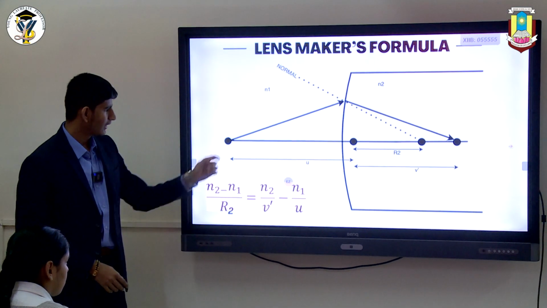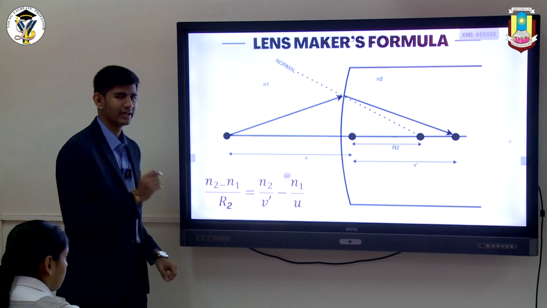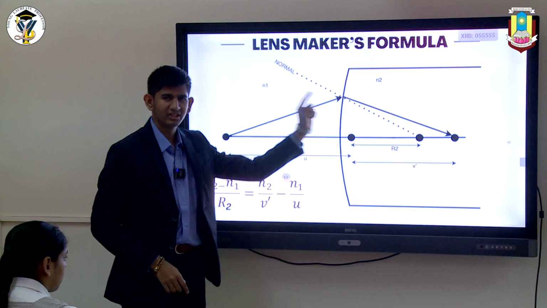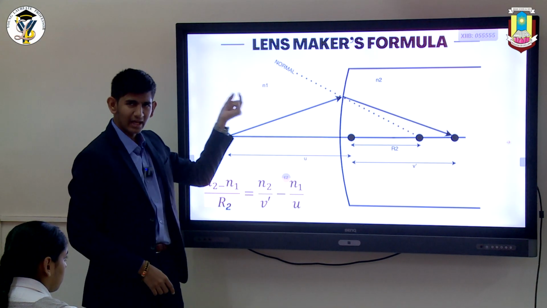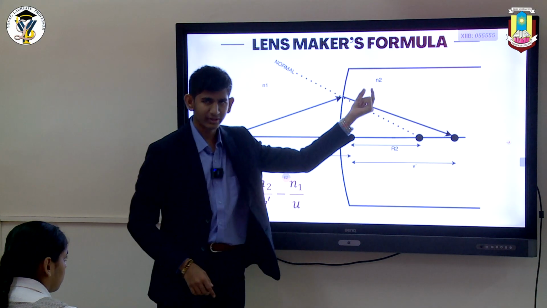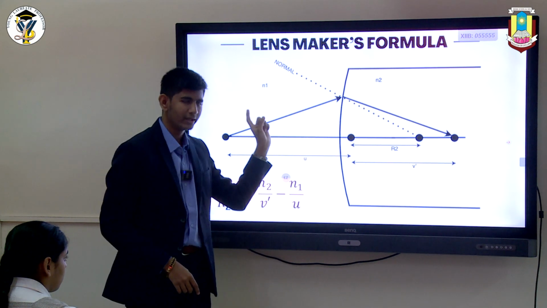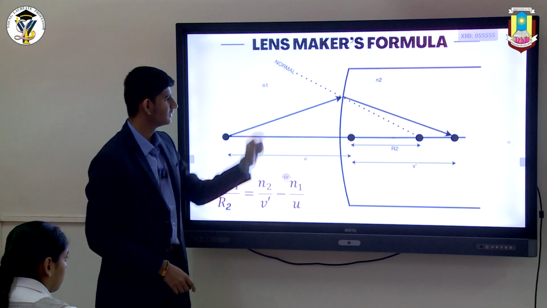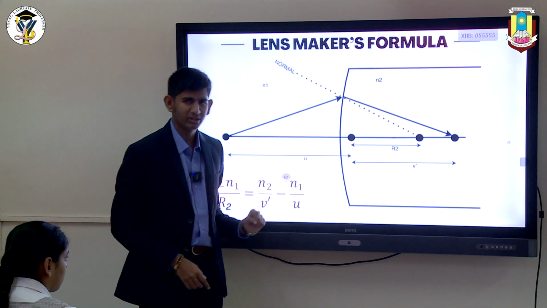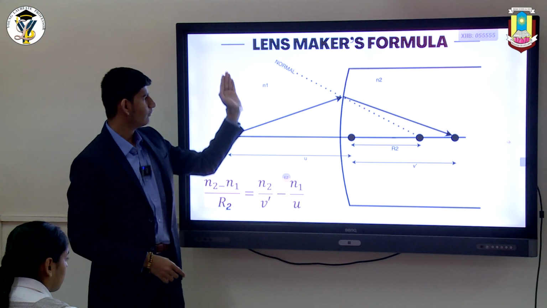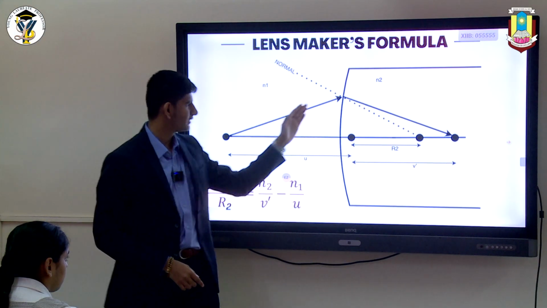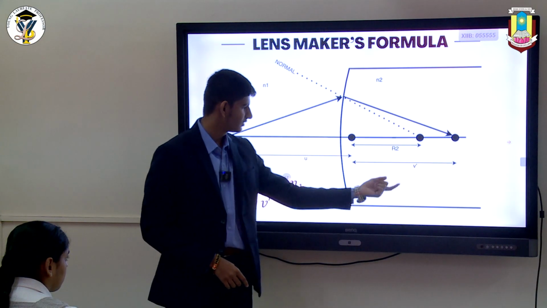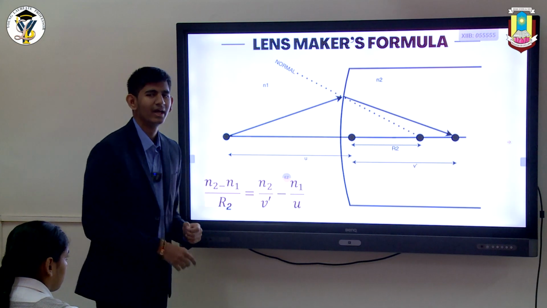This point source emits a ray of light which strikes this spherical surface, and since there's a change in media, n1 is rarer and n2 is denser, the ray of light refracts at this point. Since it's going from a rarer medium to a denser medium, the ray bends towards the normal, and let's say after refraction it's at this point. Let's consider this distance to be v dash, that is the image distance.